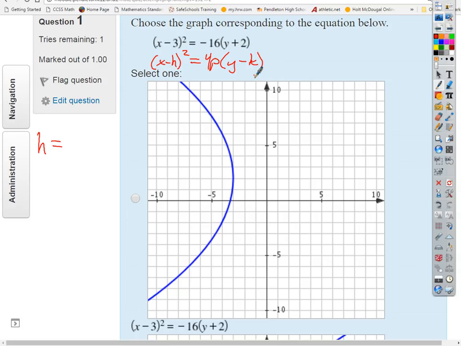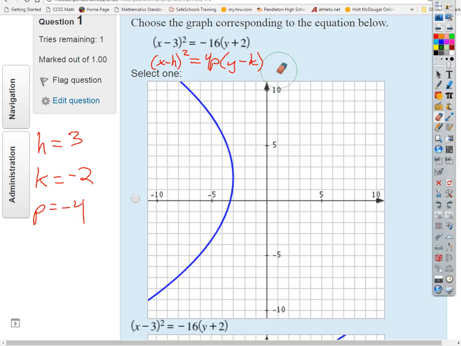So what's h by comparison? 3. h is 3. k is what? -2, right? Everybody see that? -2. And what's p going to be? If 4p equals -16, what do I do to this number to find p? Divide by 4. -16 divided by 4 is -4. Okay? So that's all the stuff we need right there.